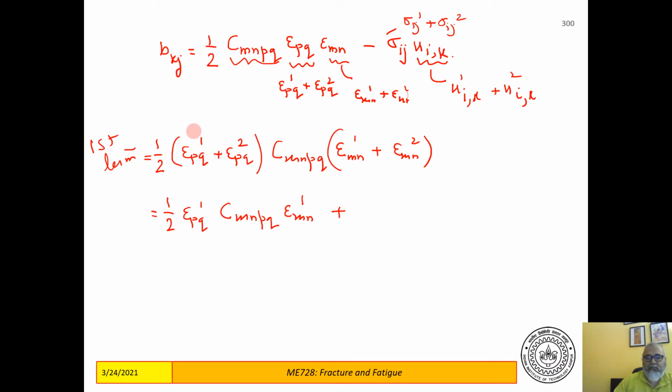So that takes care of this times this times this. Then you will have half epsilon_pq2 C_mnpq epsilon_mn2.